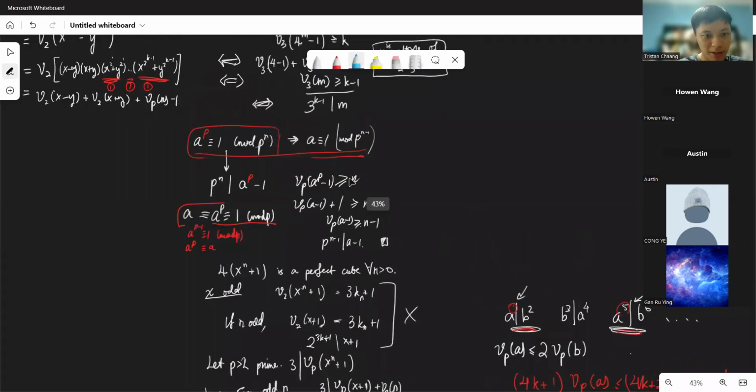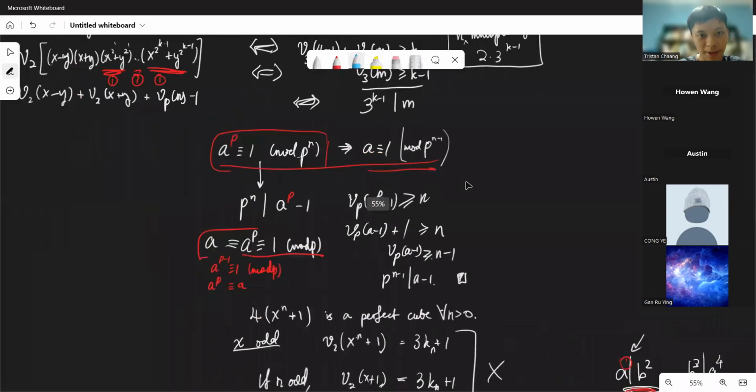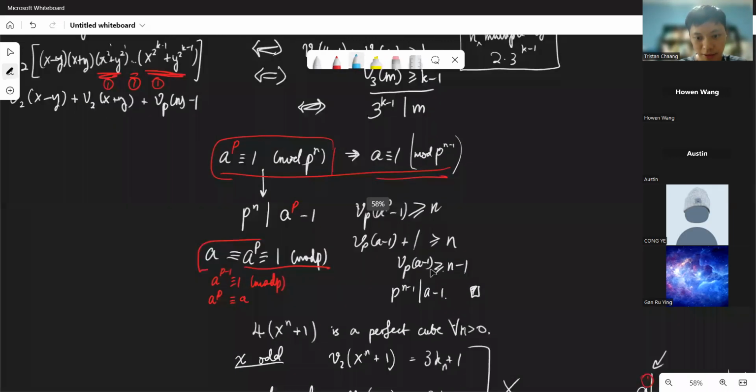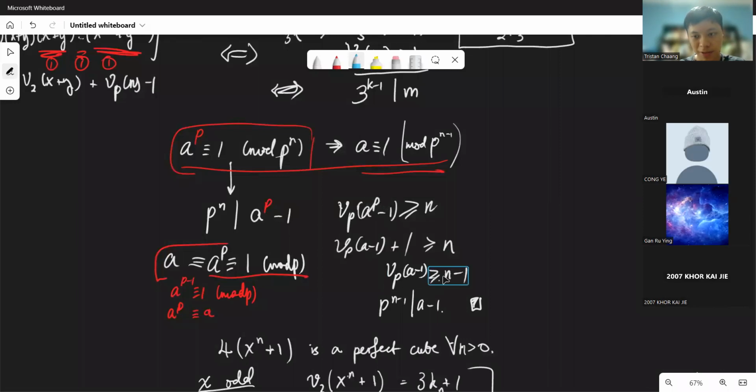So this one you mean? A to the P is 1. A to the 1 is P to the n minus 1. So basically, the last two steps: VP of A minus 1 is greater than or equal to n minus 1. So that means P to the n minus 1 must divide A minus 1.